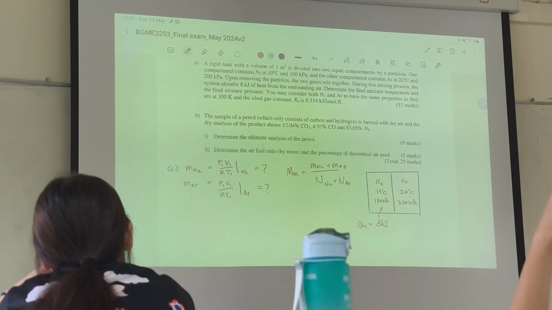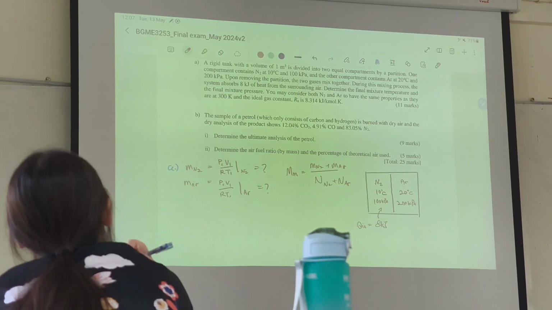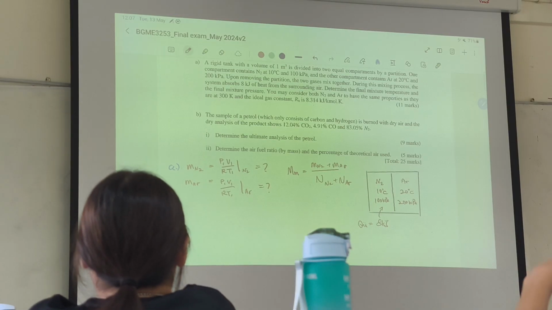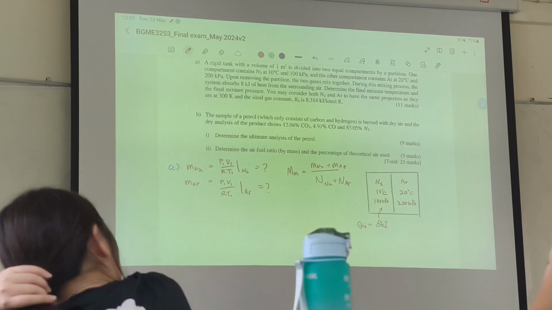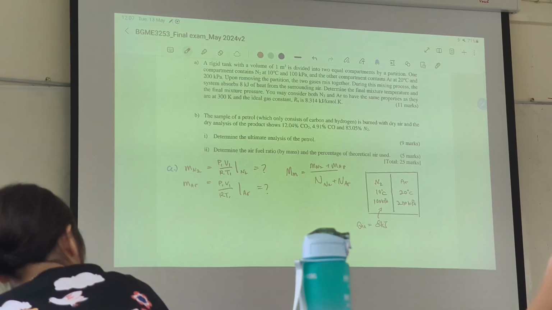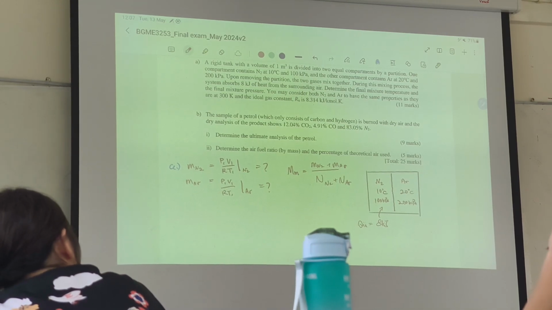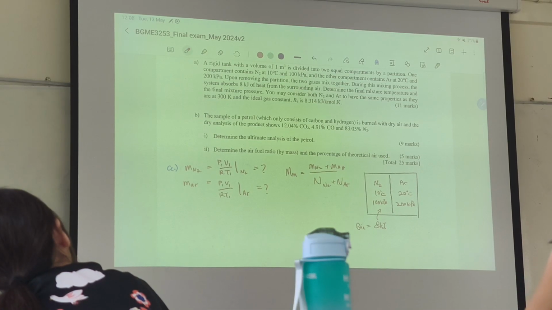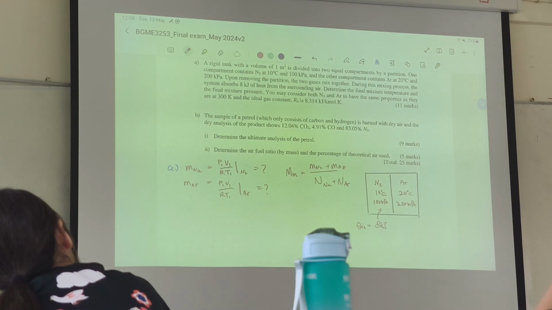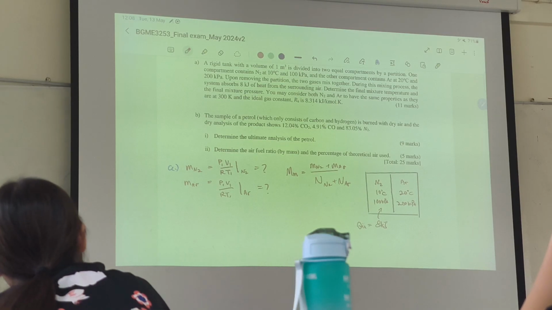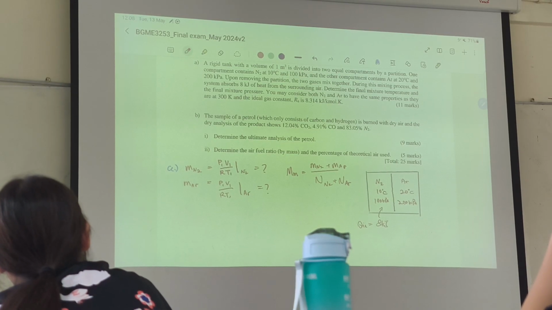But actually the N is the composition. The ratio, the fraction is equivalent, but you cannot say N is volume, because N is mole.